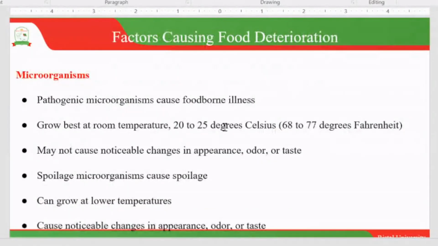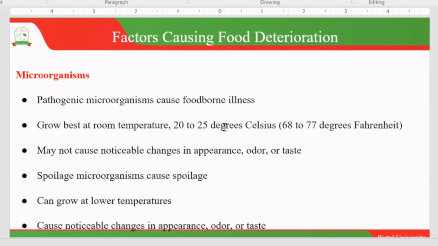So, what are the factors that cause food deterioration? One of the factors, which is most key, is microorganisms. These are the pathogens that could cause foodborne illnesses.